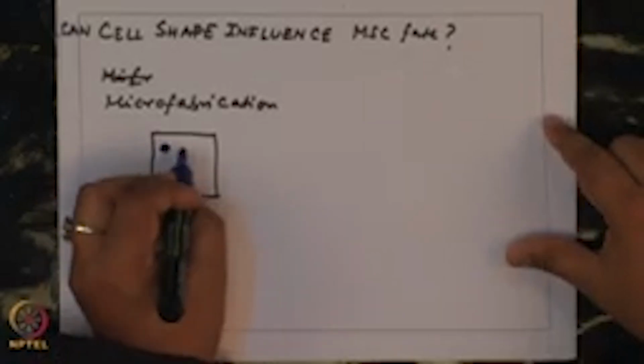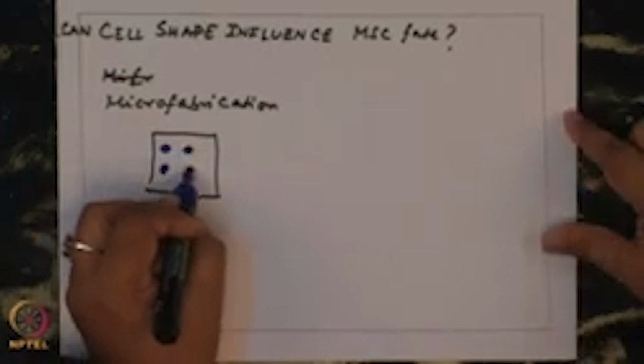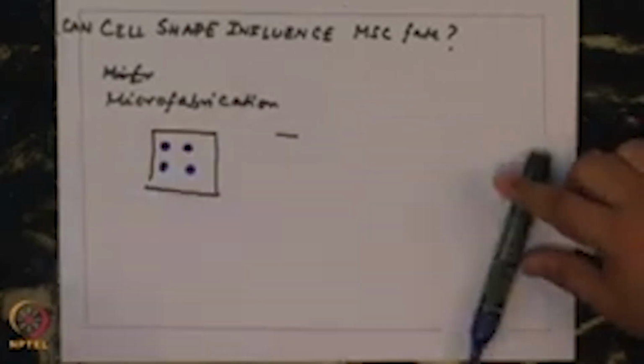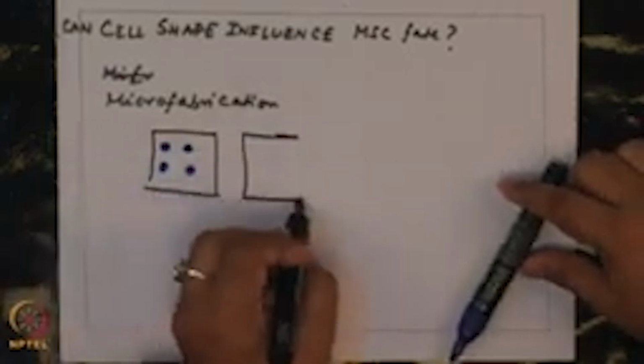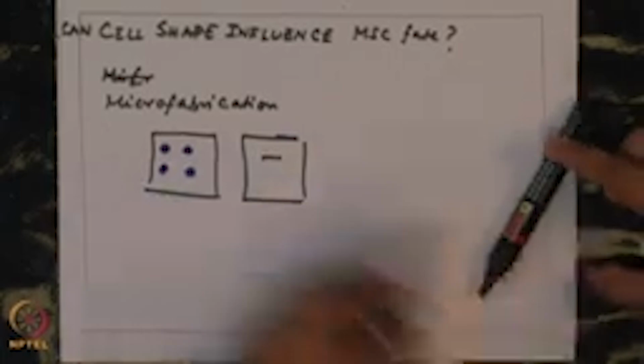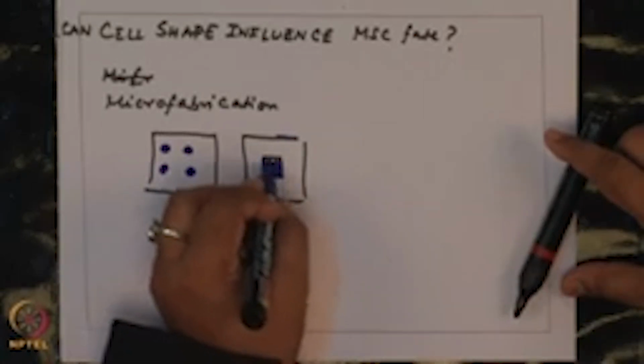So, you have seen what is microfabrication earlier in the context of focal adhesions. You can pattern these islands either with very small dots, or you can make these square patterns with bigger area.